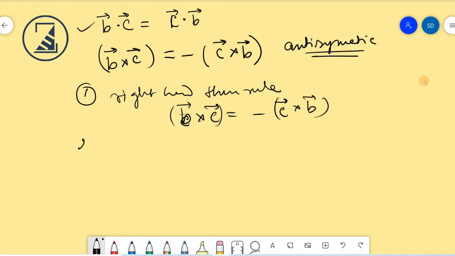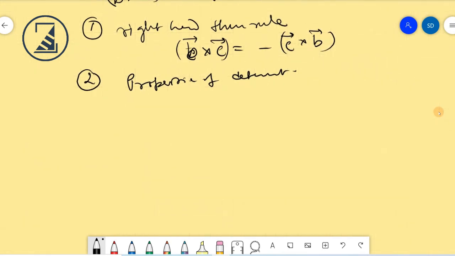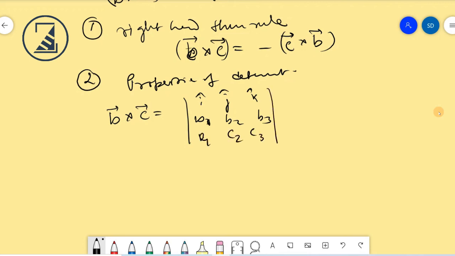Another way of looking into it is to use the properties of determinant. We know that we can write B cross C like this: I, J, K, B1, B2, B3, C1, C2, C3, which can be written like this: minus of I, J, K, C1, C2, C3, B1, B2, B3.